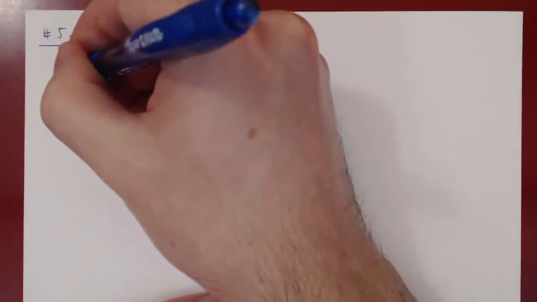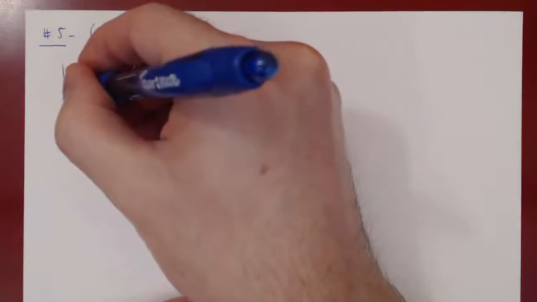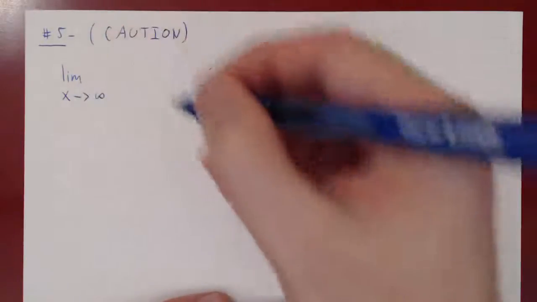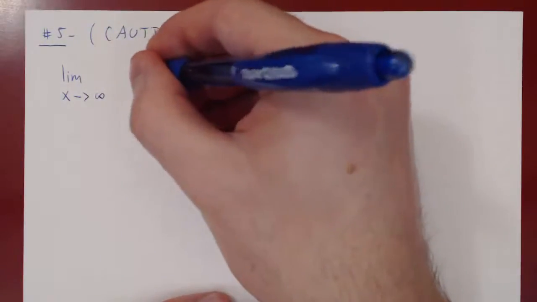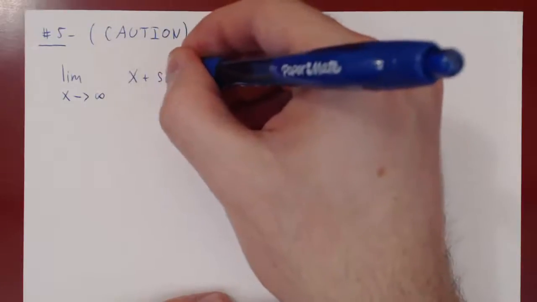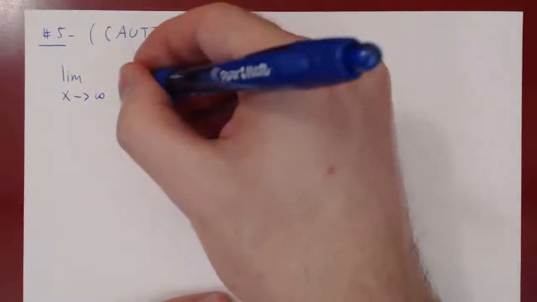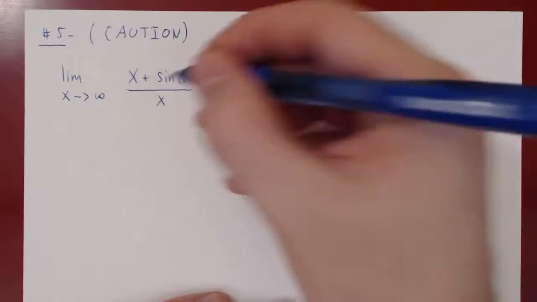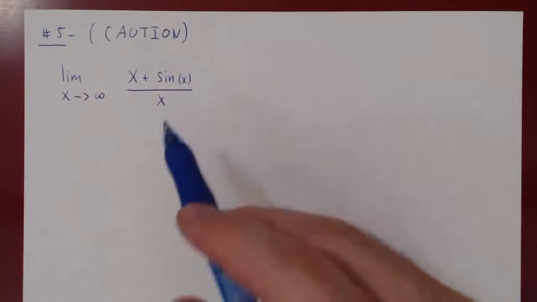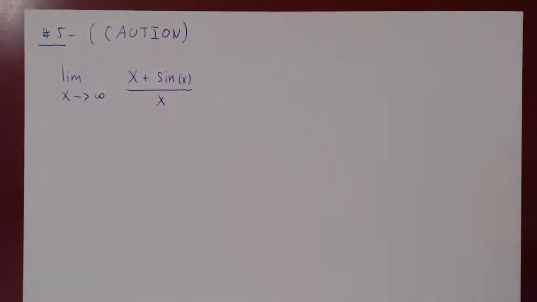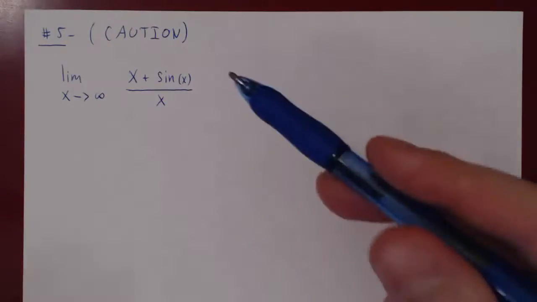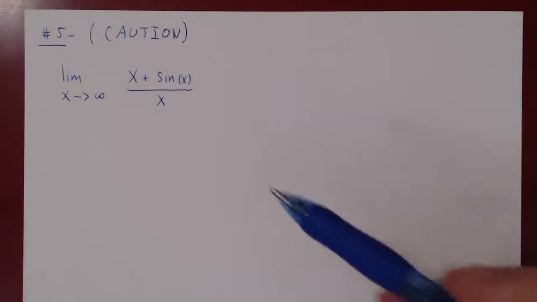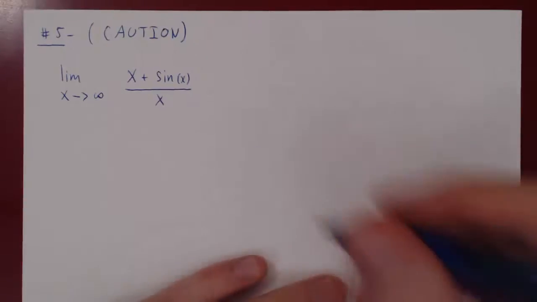What if we are letting x approach infinity, and we look at the ratio of x plus sine of x, the whole thing divided by x. Let's first find this limit using simple intuition, and then we'll ask, what if we apply L'Hopital's rule? And we'll see that L'Hopital's rule in this case breaks down.